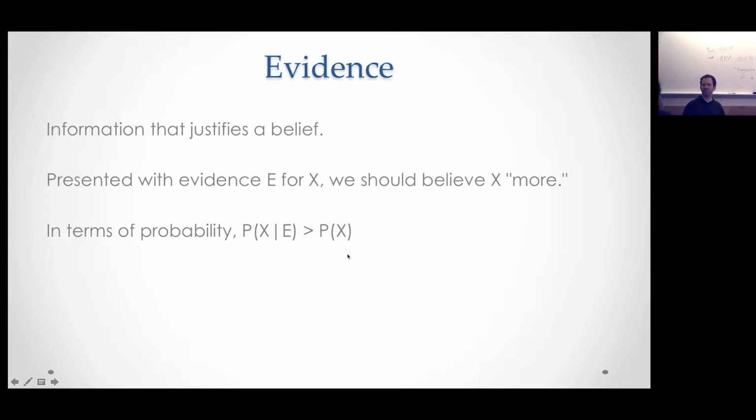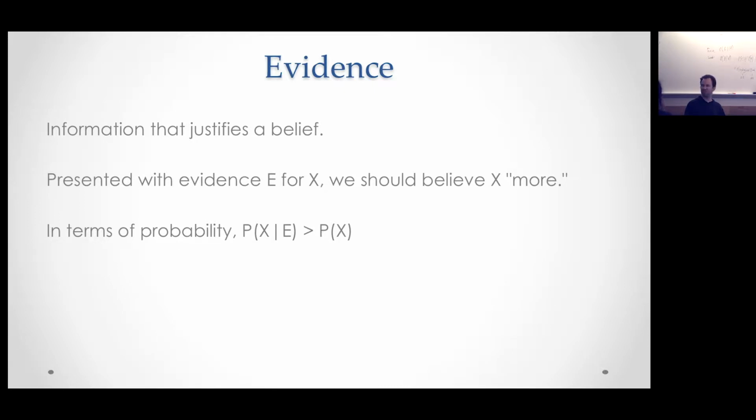In other words, if we revise our probability estimate of the hypothesis upwards when we see that evidence. So that's the formal definition of evidence for something. And the normative part of that is to say that we should only believe things for which we have evidence in this sense.